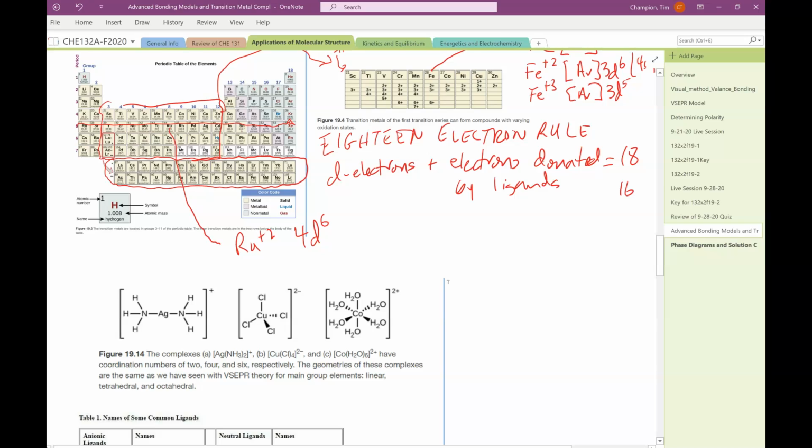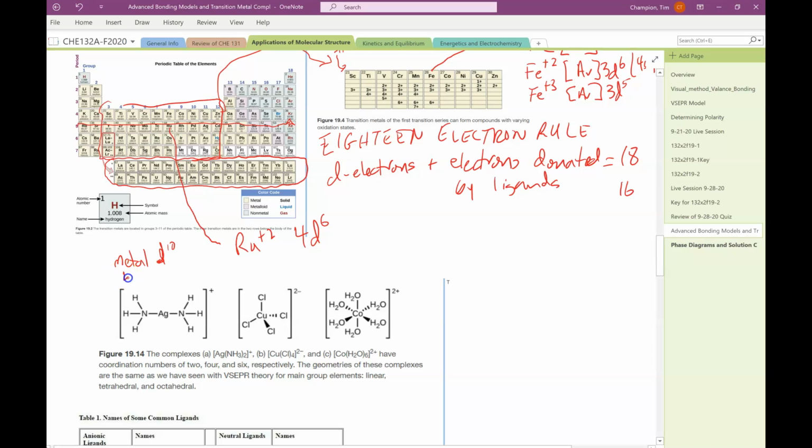Oftentimes the ligands are neutral molecules. So ammonia is neutral. So if I think about the metal here, silver +1, so silver is over here in column 11, which is under 9 for copper. The silver +1 means that silver is d10. Silver +2 would be d9, silver +1 is d10.